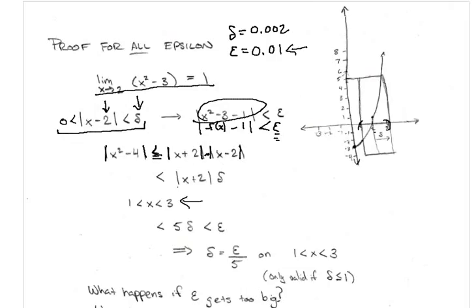And then we take the individual absolute values of each of those factors. And we said that the quantity of the absolute value of x minus 2 we have control over, right? It has to be less than whatever delta that we choose. So this whole quantity can be less than the absolute value of x plus 2 times, and we replace the absolute value of x minus 2 with whatever our delta will be.